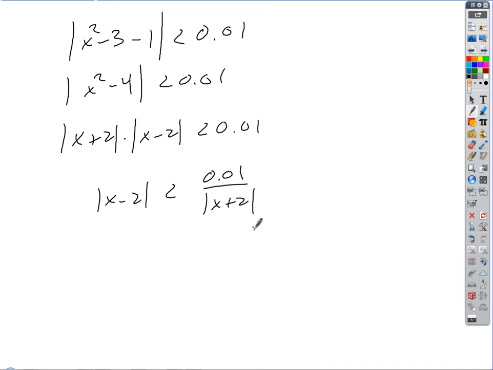The problem is that there's this x in our answer, right? So our answer depends on the value of x that the n is standing on. And so what they said is, let's just arbitrarily say that if we're approaching 2, the answer can be pinned between 2 minus 1 and 2 plus 1. So let's say that x is going to be on this interval from 1 to 3.